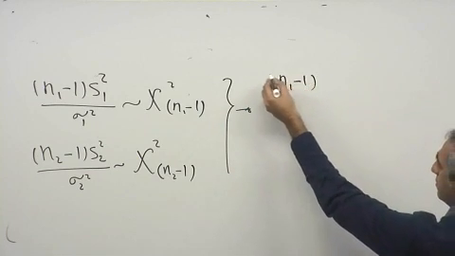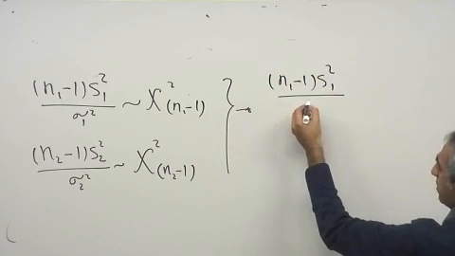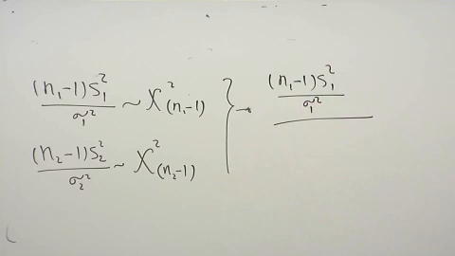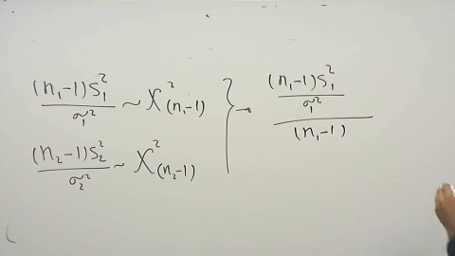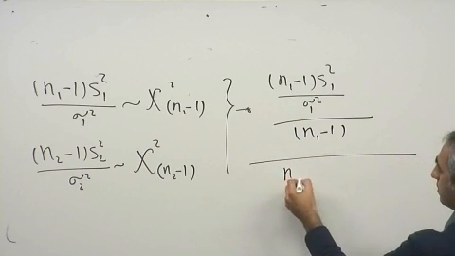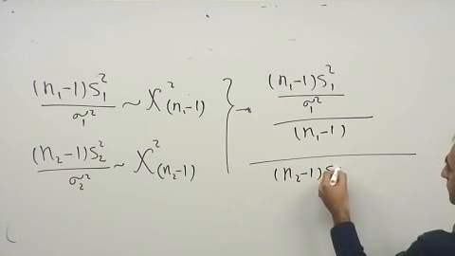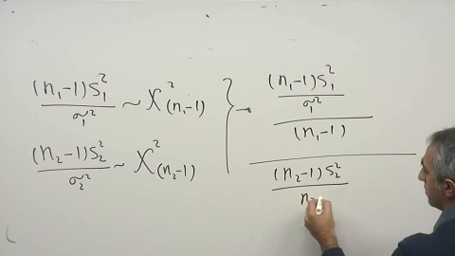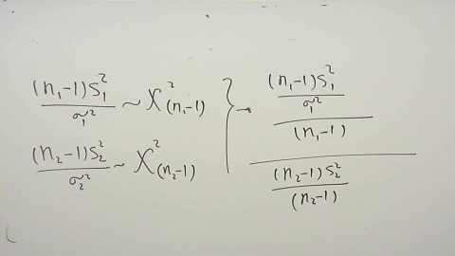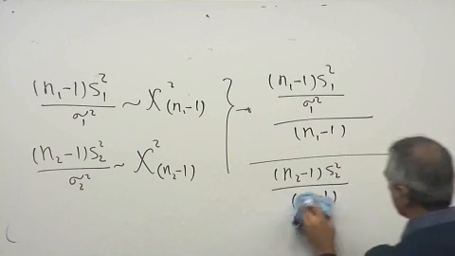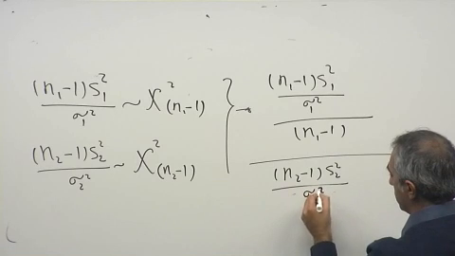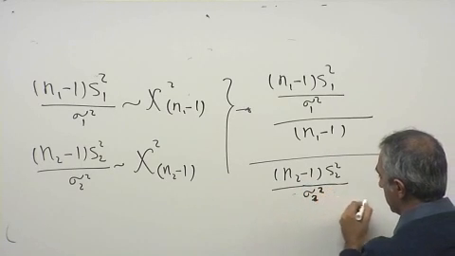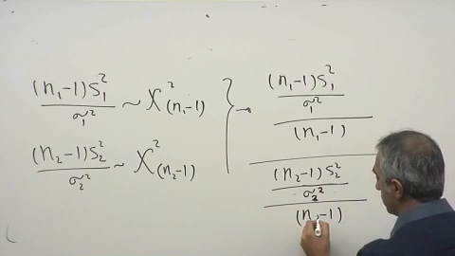So what I do, this is a chi squared distribution divided by its degrees of freedom, which is n1 minus 1. Okay? Here, the second one, divided by sigma 2 squared, divided by n2 minus 1.